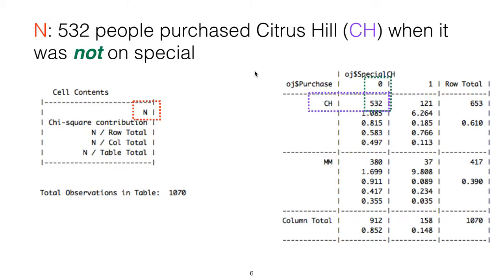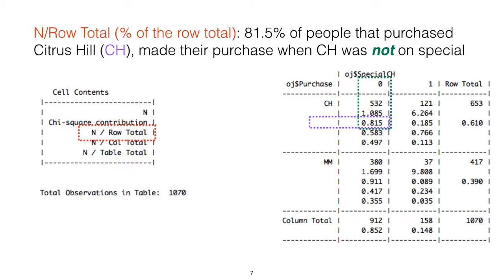The N. I'm taking this metric over here. The first metric, the N, you'll see it here, here, here, and here. We have 532 observations, meaning that 532 people purchased Citrus Hill while it was not on special. Moving on. Let's take a look at the chi-square contribution later.